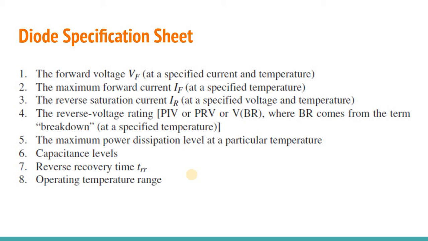And then the maximum power dissipation level at a particular temperature. And then there's also the capacitance level, the reverse recovery time or T sub RR, and then the operating temperature range. And there is also other data that you will find in the data sheet, but these are the most important when studying or looking for a diode data sheet.